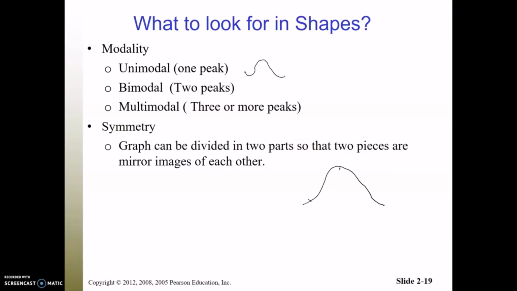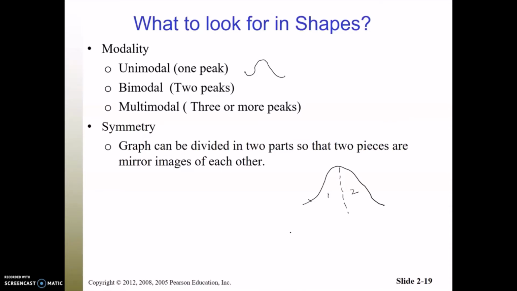I can divide this shape into two equal parts, part 1 and part 2, and these two parts are like mirror images of each other. Such a property is called symmetry. If you can divide the shape of a distribution into two equal parts in such a way that the two parts are mirror images of each other, then such a property is called symmetry.